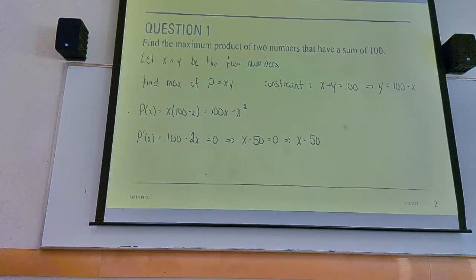We get x to be 50. How do you determine if that is a maximum or a minimum? You test values to the left and right and take the sign. Could. There's another way.